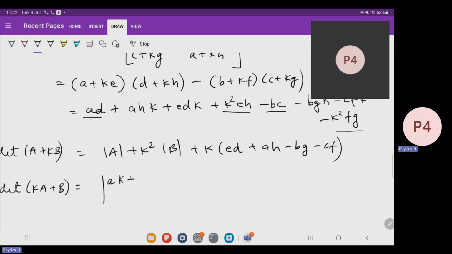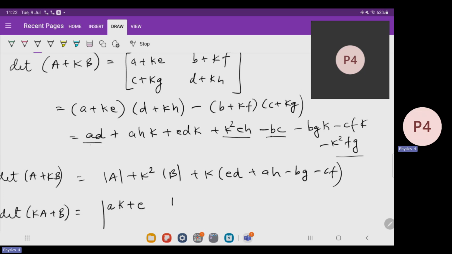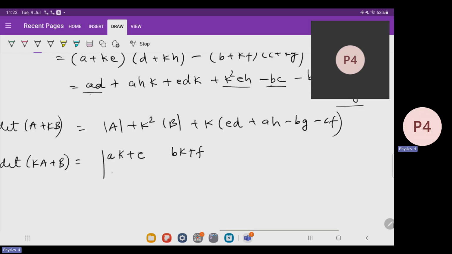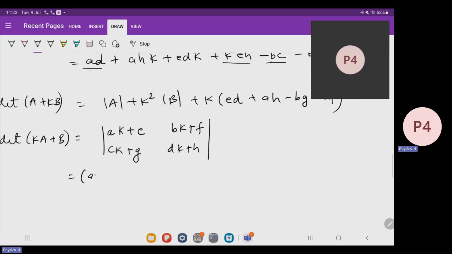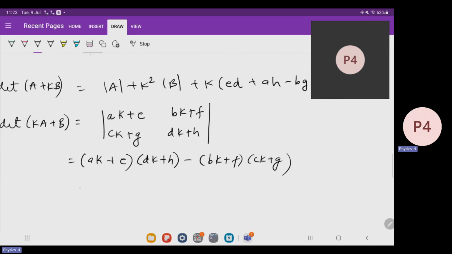KA plus B would be AK plus E, then it would be BK plus F, then it would be CK plus G and DK plus H. If you expand this, AK plus E, DK plus H minus BK plus F into CK plus G. This will become K square AD plus AH times K plus DE times K plus EH minus K square times BC minus BGK minus CFK plus FG.